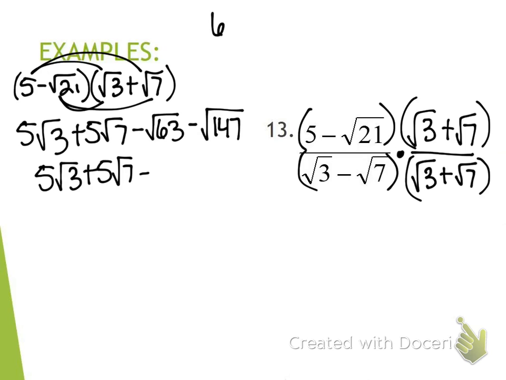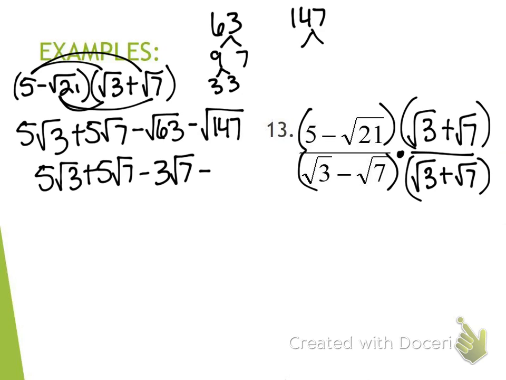If you need to, you can break down 63 into 9 and 7. 9 breaks into 3 and 3. So what does it become? 3 root 7. Very good. Notice that I kept the minus sign. Again, keep the minus sign back here. 147.